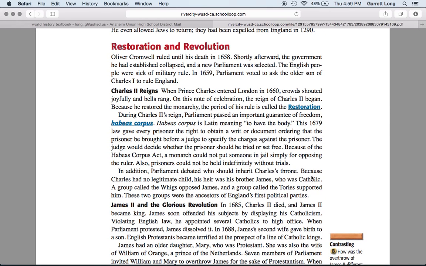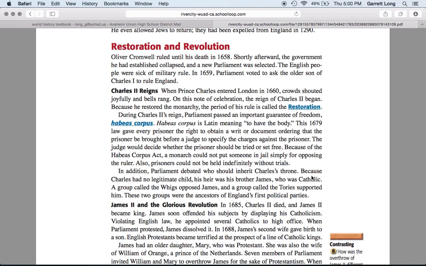Now, we all remember what happened to Charles I. He was publicly tried and executed. So now they bring back his son, his oldest son, to be king of England. And he does. And the time period that he comes back and returns a monarchy to England is called the Restoration. And this was a very, very important time period.